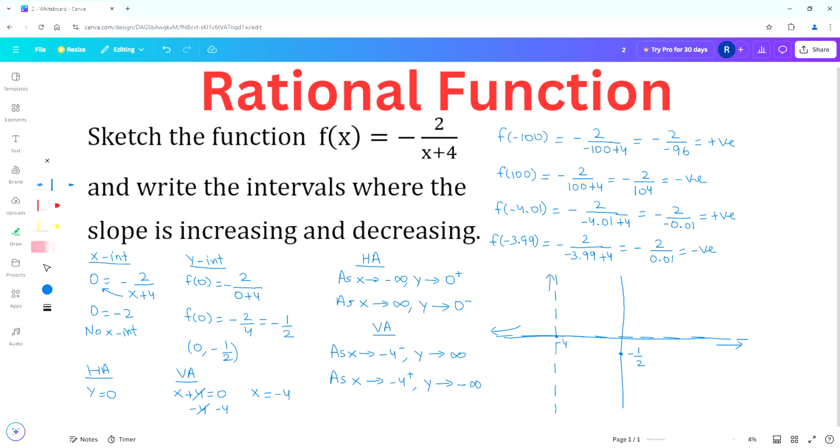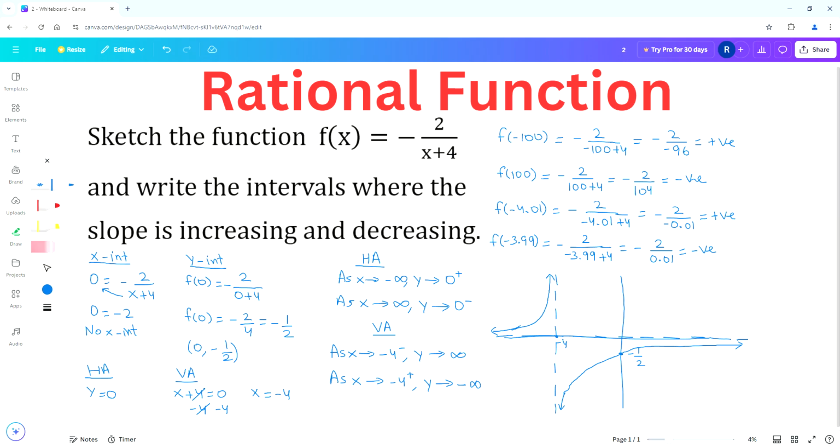On the right side of the vertical asymptote, the function approaches negative infinity. Now we can join these end behaviors. So this can be the sketch of this function.